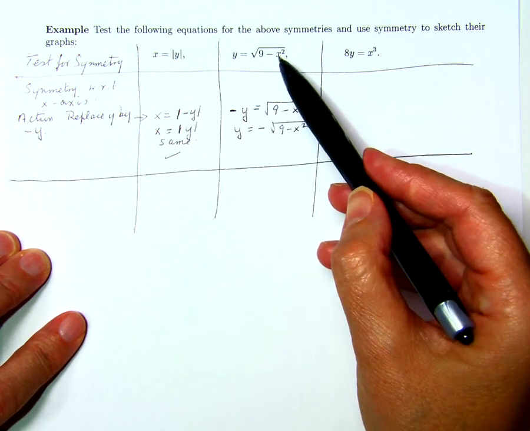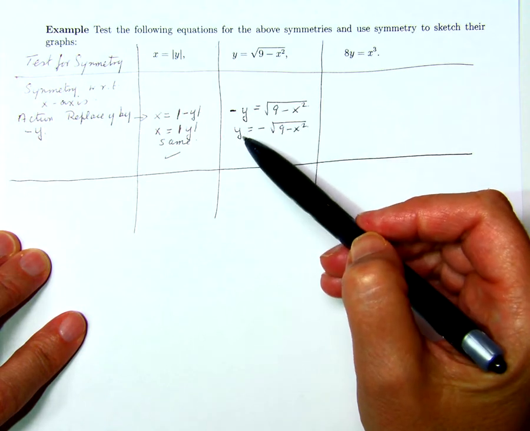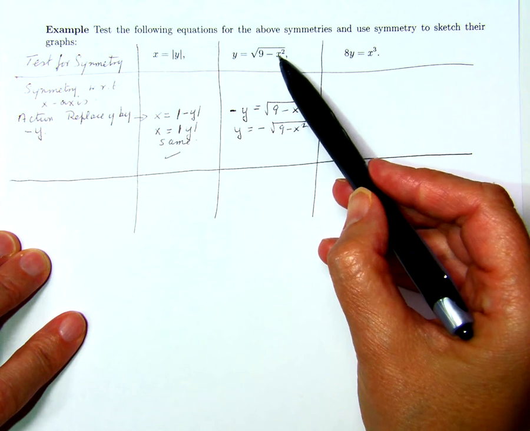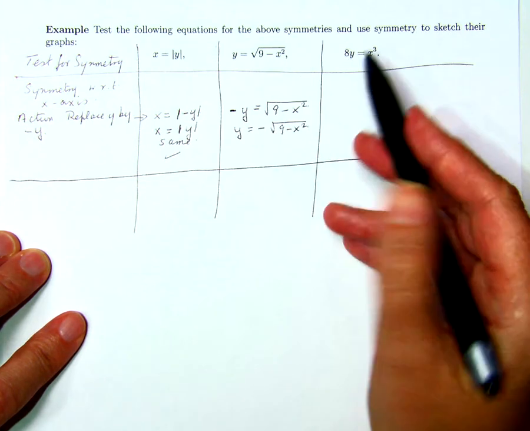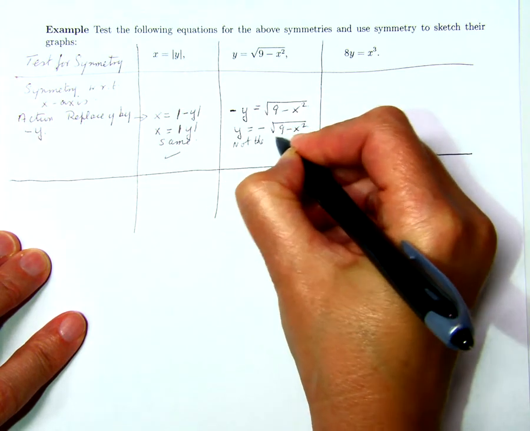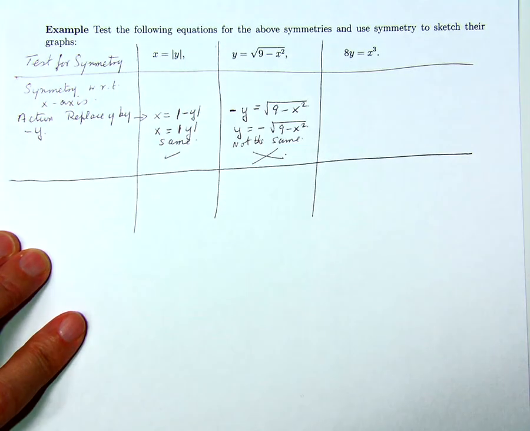And you can easily check that there are some points where y is not equal to 0 in this equation. For example, when x is 2, then I get the square root of something positive. So this is not the same. So I cannot conclude symmetry with respect to the x-axis here.